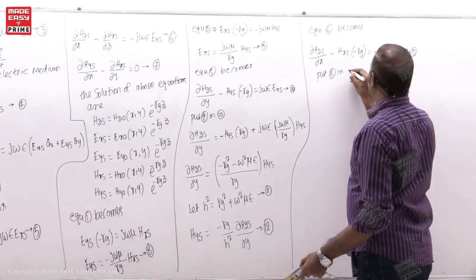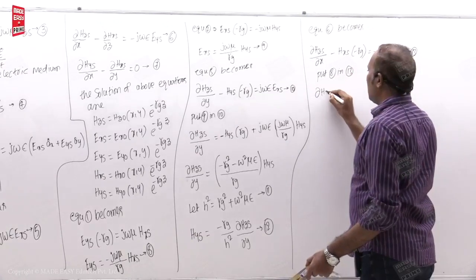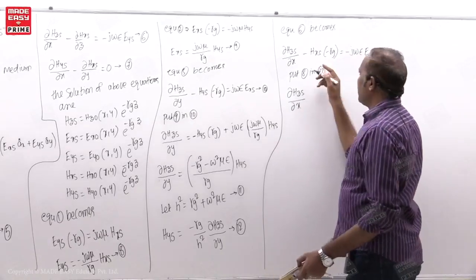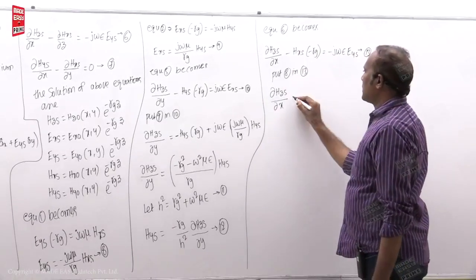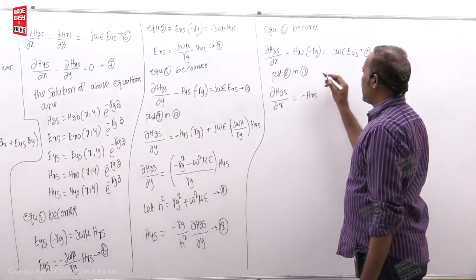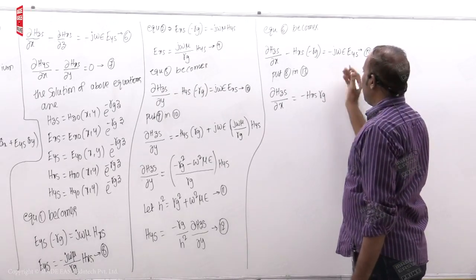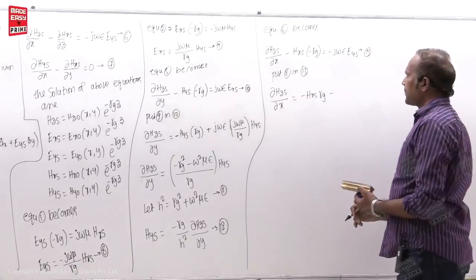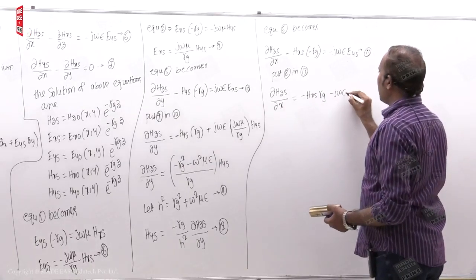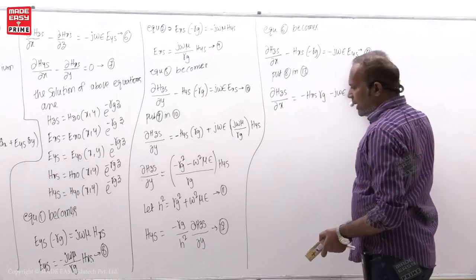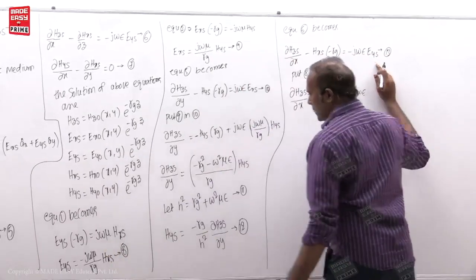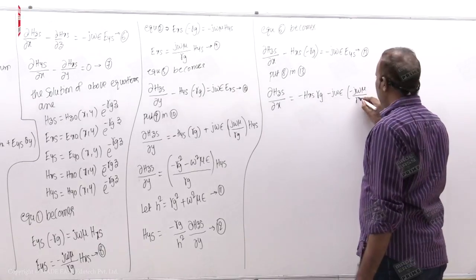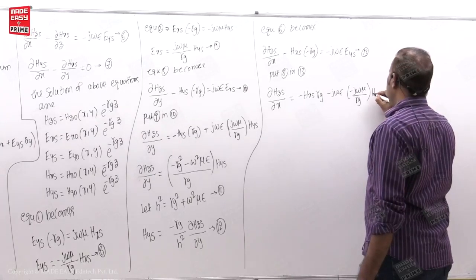So put 8 in 13. Then dou Hzs divided by dou x, here plus is there, it goes that side, then minus of Hxs gamma g, and here minus j omega epsilon is there. Now Eys from equation 8 is minus j omega mu divided by gamma g and Hxs.